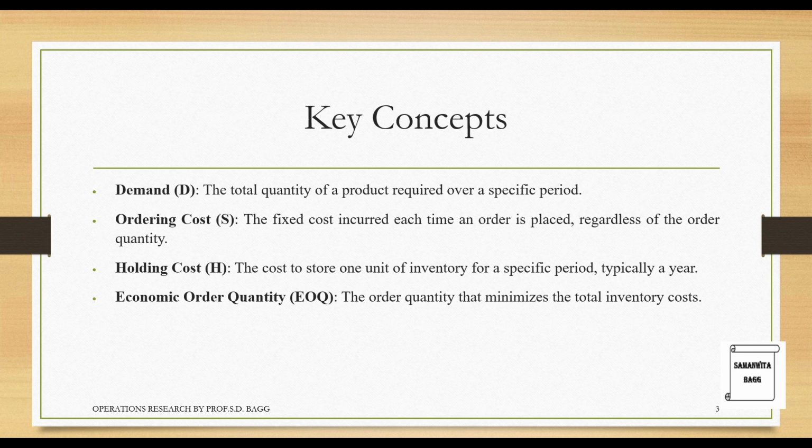Holding cost, capital H, the cost to store 1 unit of inventory for a specific period, typically a year. Economic order quantity, EOQ, the order quantity that minimizes the total inventory cost. So if you want to reduce your cost of ordering and holding and you want to find a midway, then you go for economic order quantities such that the total inventory cost is minimum.